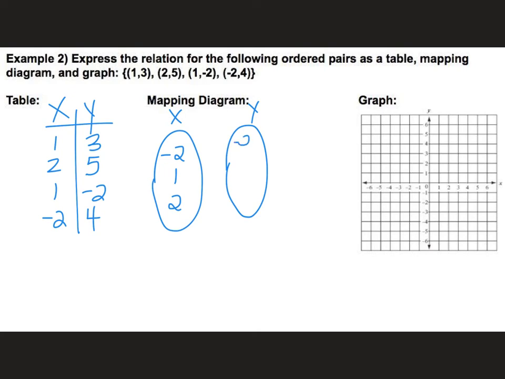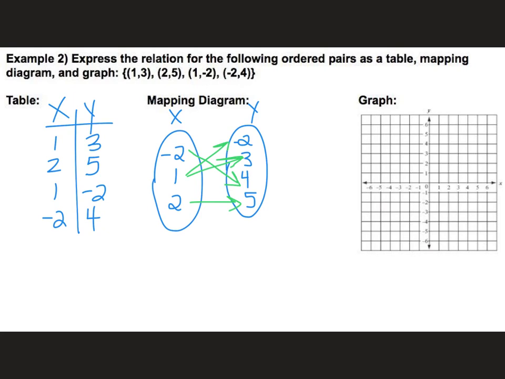Now we'll go -2, 3, 4, and 5. So -2 goes with 4, 1 goes with 3, and it goes with -2. So you'll notice because we have 2 arrows, that shows we have 2 x values of number 1. And then 2, 5 for our last one here.